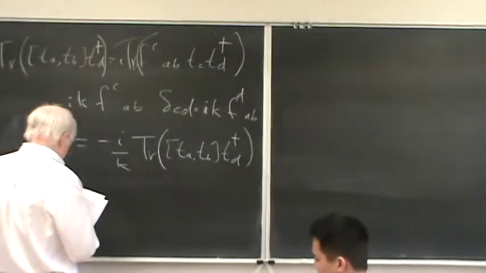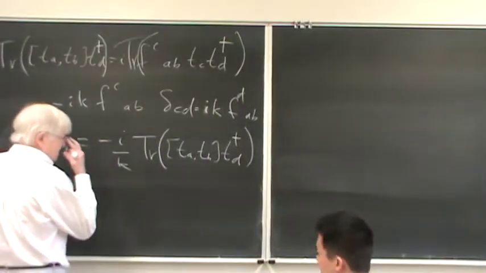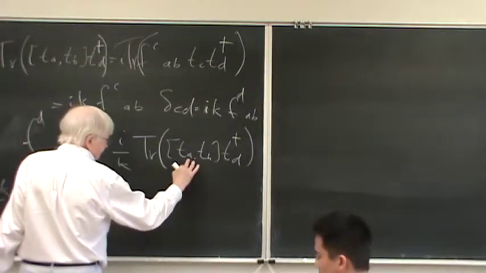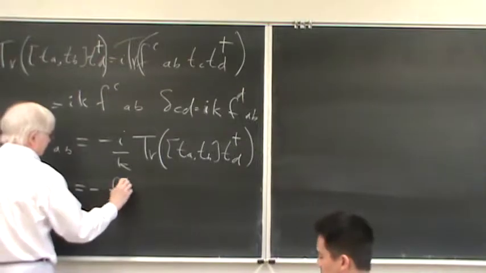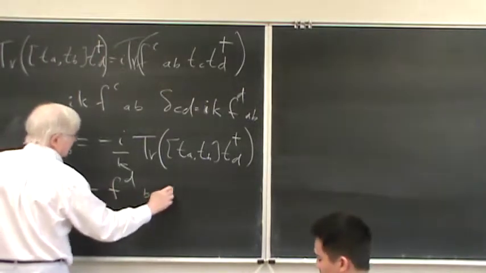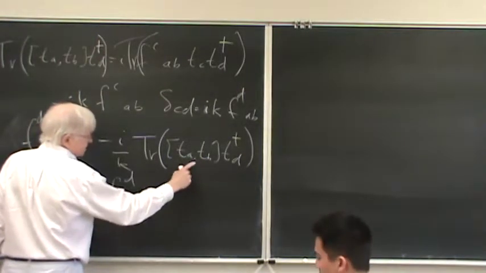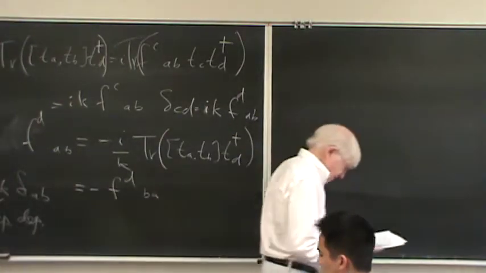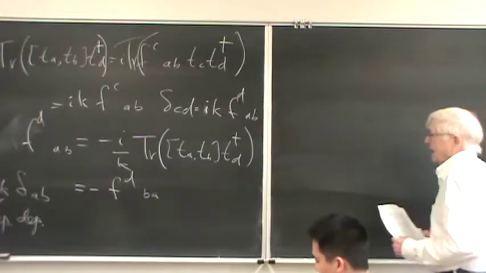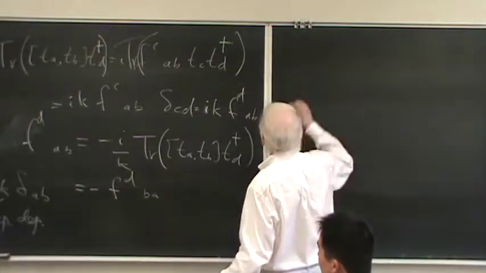Okay, so this is the correct formula, and now we can see that this thing is anti-symmetric in A and B because the commutator is anti-symmetric in A and B. And so what is our general matrix?